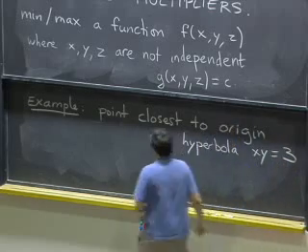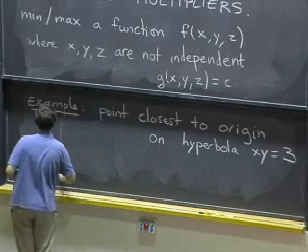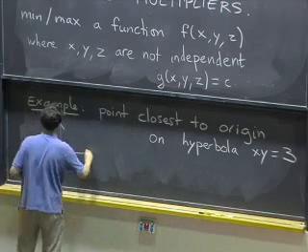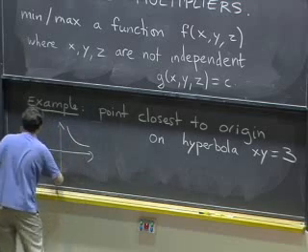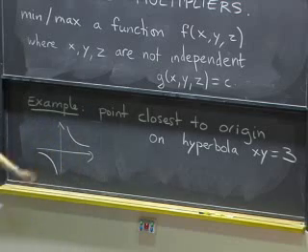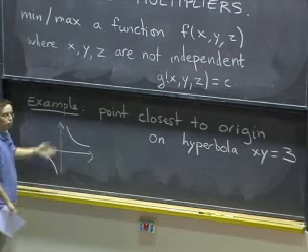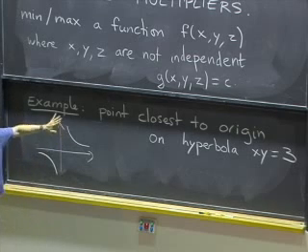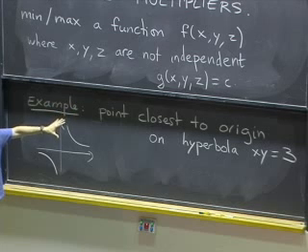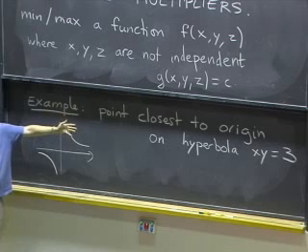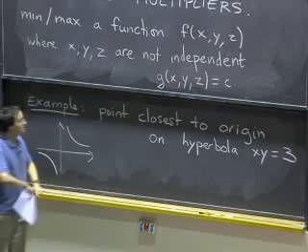Okay? So that means I have this hyperbola, and I'm asking myself, what's the point on it that's the closest to the origin? I mean, we can solve this by elementary geometry. We don't need, actually, Lagrange multipliers. But we are going to do it with Lagrange multipliers, because it's a pretty good example.